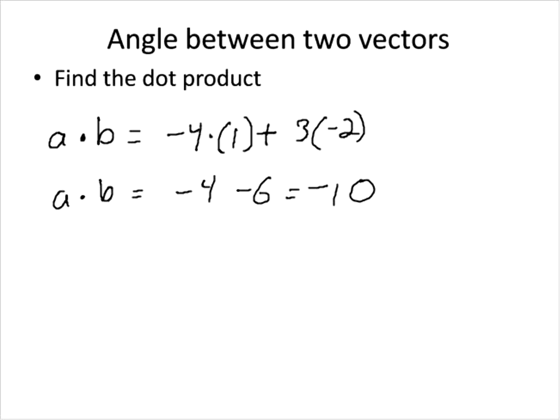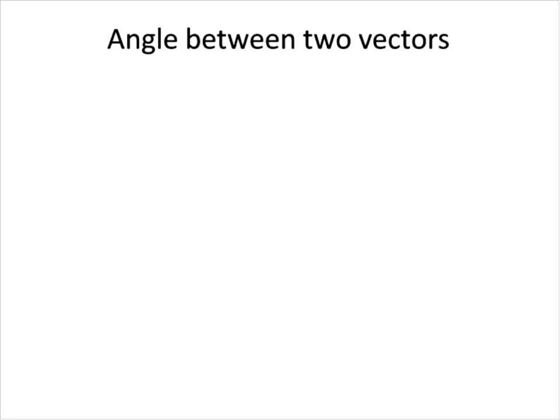Once I have the dot product and the two magnitudes, I really have everything that I need to find the angle between two given vectors. So let's put it all together. The angle between any two vectors, why am I writing in red? Let's change it to black.